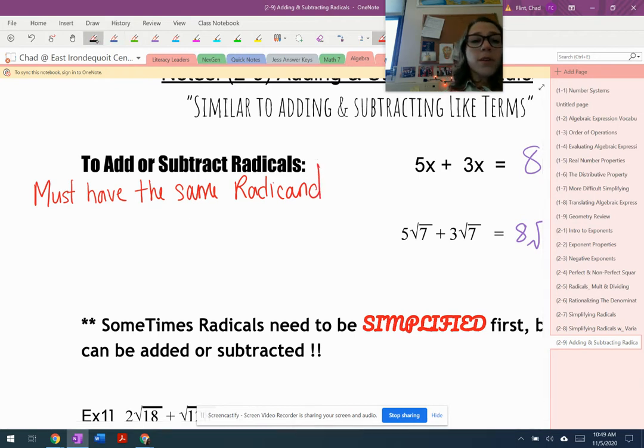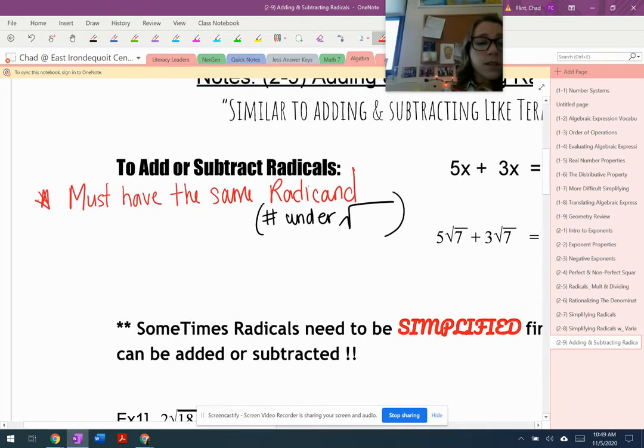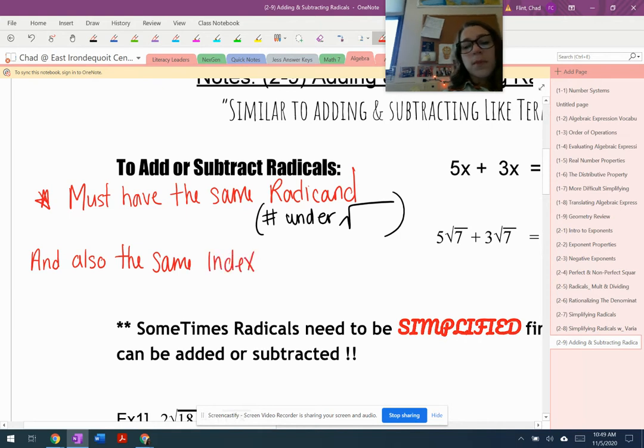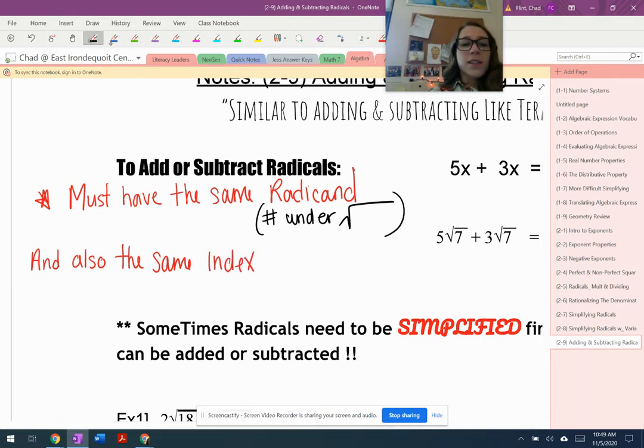And just remember that radicand is just the number under the radical. Must have the same radicand and also the same index. And remember that little index is the root number.